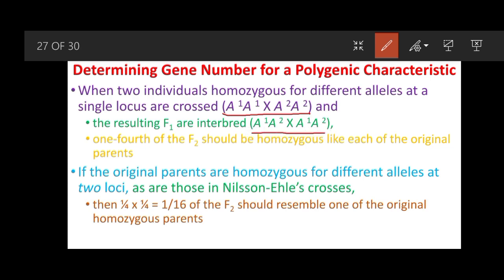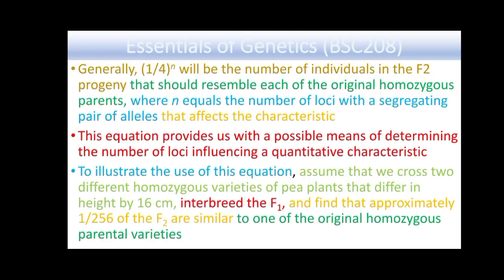When F1 individuals are crossed, one fourth of the F2 should be homozygous like each of the original parents. If the original parents are homozygous for different alleles at two loci, as are those of Nelson's crosses, then 1 by 16 of the F2 should resemble one of the original homozygous parents.